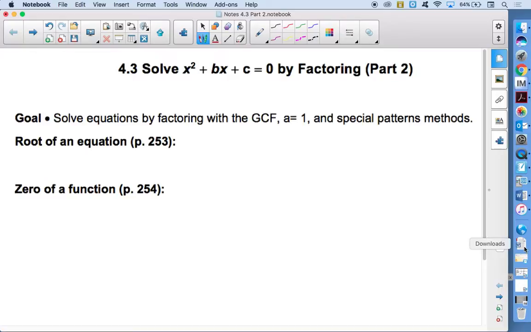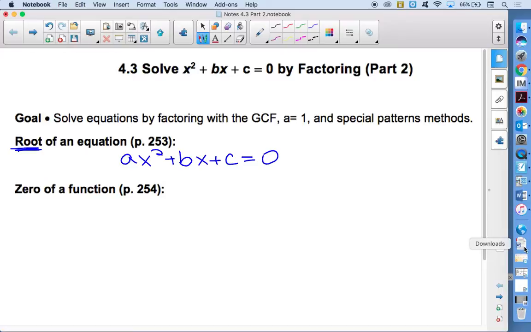All right, so today we're going to solve equations by factoring. There are two terms up here that we're going to look at. One is a root of an equation, the other is a zero of a function. These terms, you're really finding the same information, but the way your answer would be written would be slightly different. A root of an equation happens when you are solving an equation in the form ax squared plus bx plus c equals 0.